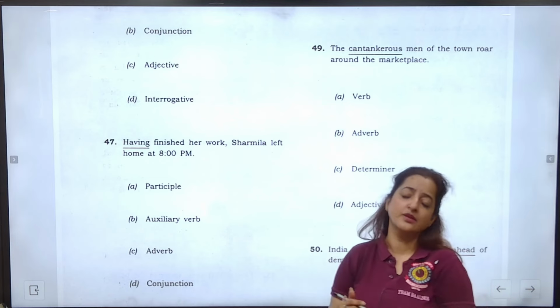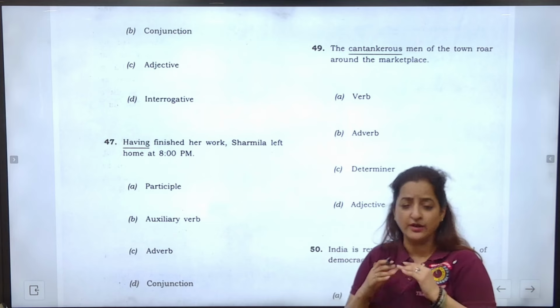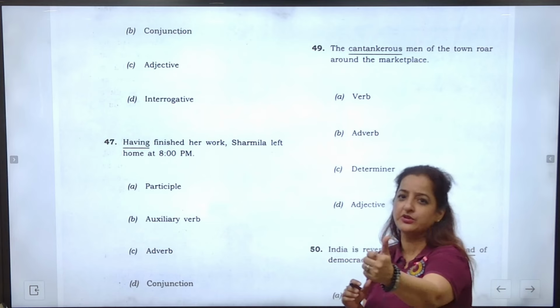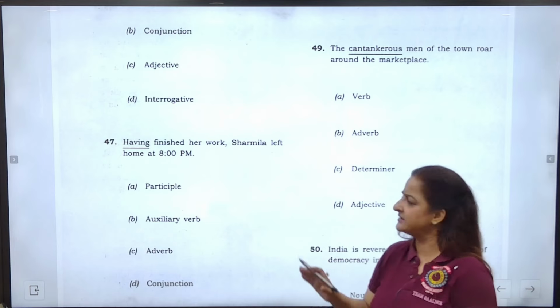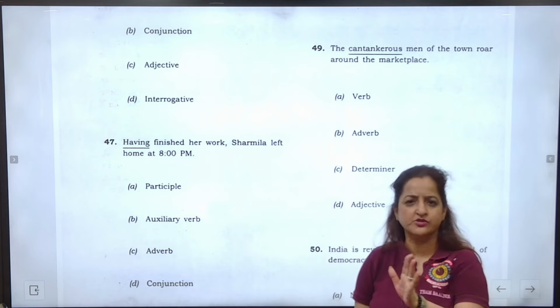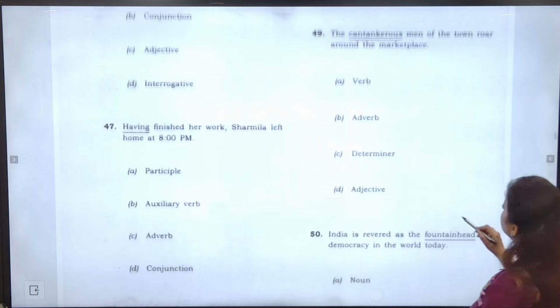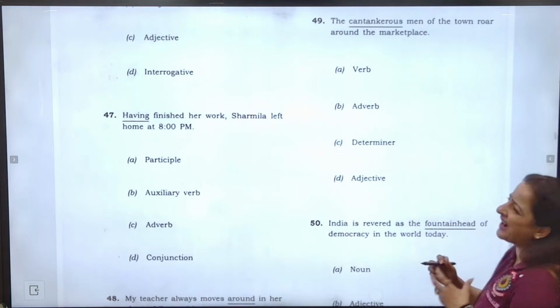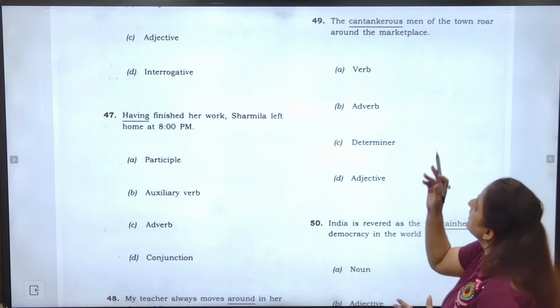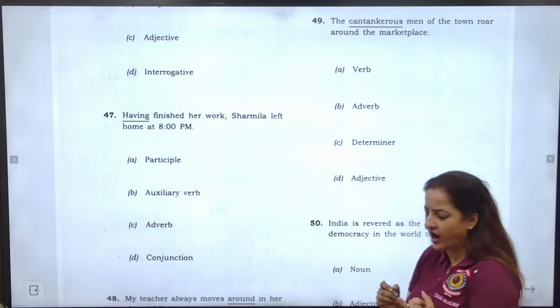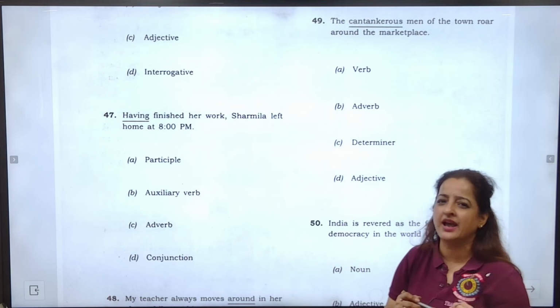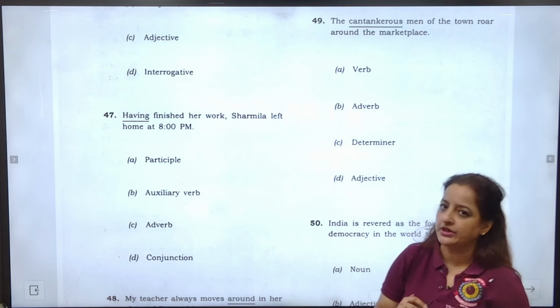You should write it in the register. Only then someone like me will agree, yes, you have solved the PYQ. Otherwise ये बस अल्फा ब्रावो चार्ली डेल्टा, इसको PYQ सॉल्व करना नहीं कहते हैं. So you should be hungry for vocabulary. So I repeat the meaning of cantankerous: argumentative, ill-tempered, and non-cooperative.